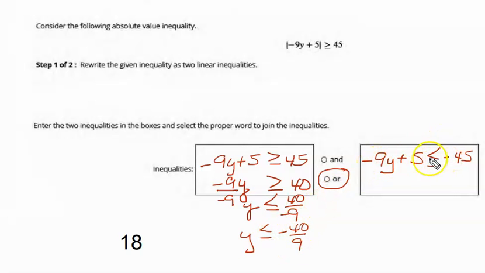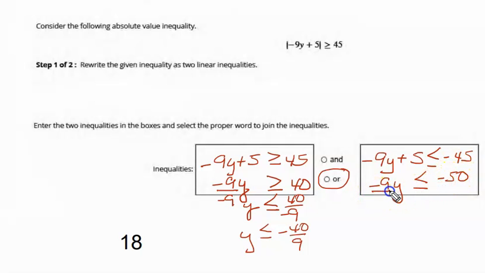Now in solving this one, I'm going to transpose the positive 5 to this side where it becomes a negative 5. So this is negative 9y is less than or equal to a negative 50. This became a negative on this side, added it.